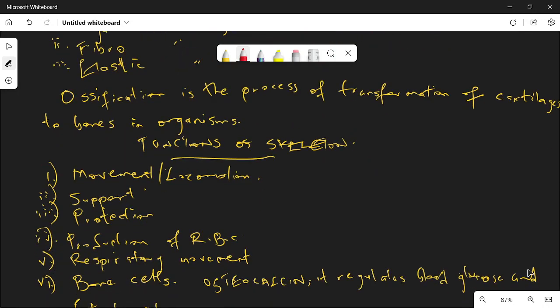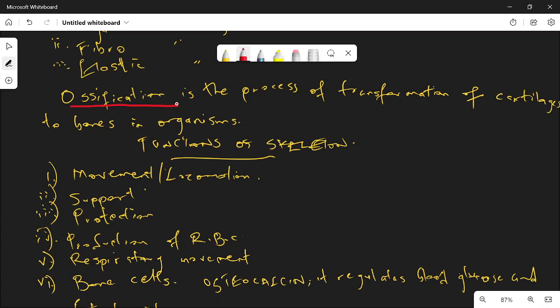And we said that the process of formation of bones from cartilages is what we refer to as ossification. Please, not bones to cartilage, but cartilage to bones is what we refer to as ossification.